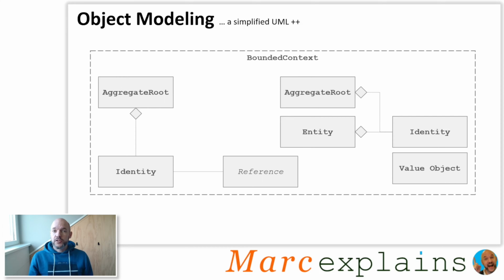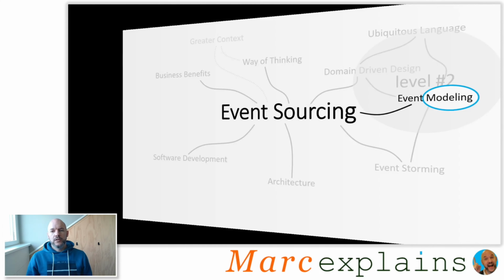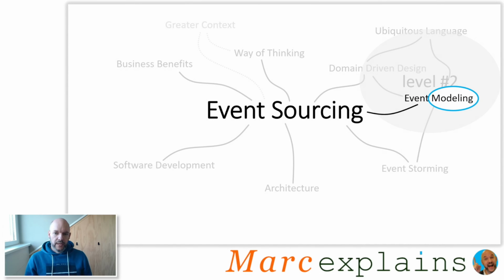It is also possible that two aggregates are managed in two different systems. Then they have a separate bounded context, and you can still reference the other aggregate or an entity within that aggregate, referencing the aggregate as well, but they have their own bounded context. So this is the object modeling of domain-driven design.